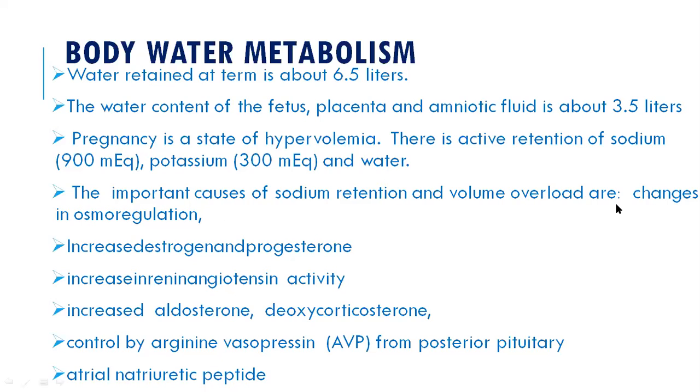The causes for retention and volume overload are changes in osmoregulation, increased estrogen and progesterone, increased renin-angiotensin activity, and increased aldosterone, controlled by arginine vasopressin from the posterior pituitary and atrial natriuretic peptide.